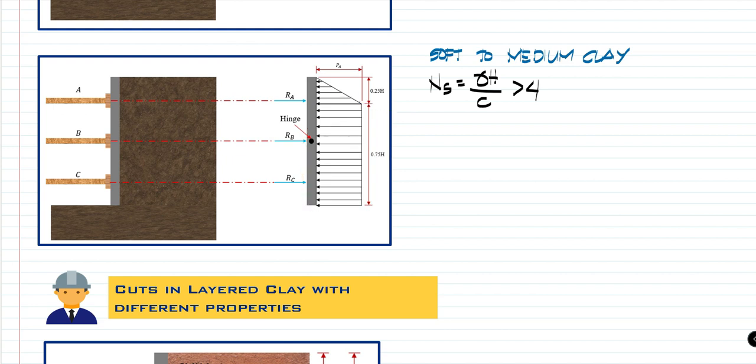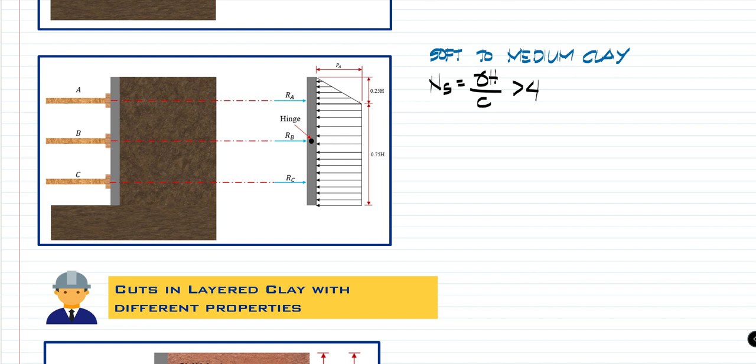And same as sa stiff fissured clay, yung height na makakatanggap ng uniformly varying load is still 25% of the total height, and the rest is uniformly distributed. So, ibig sabihin, yung 75% na natitira sa total height natin will get a uniformly distributed load.